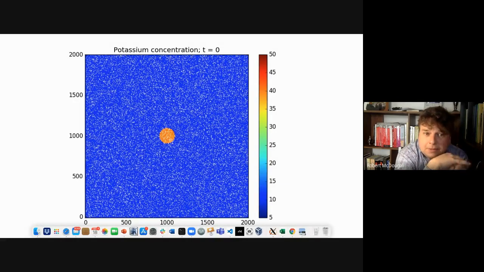So what happens if the extracellular potassium concentration is elevated? Let's put it this way. Suppose that the extracellular potassium concentration is elevated to the point that it is the same as the intracellular potassium concentration.